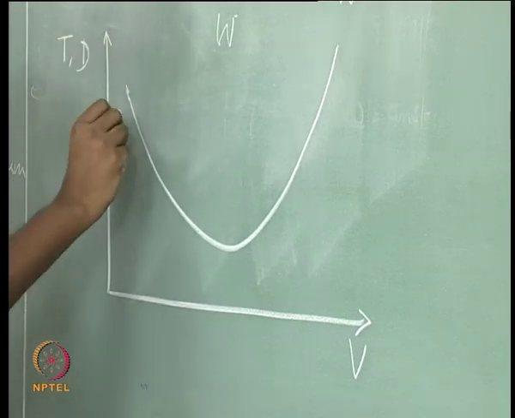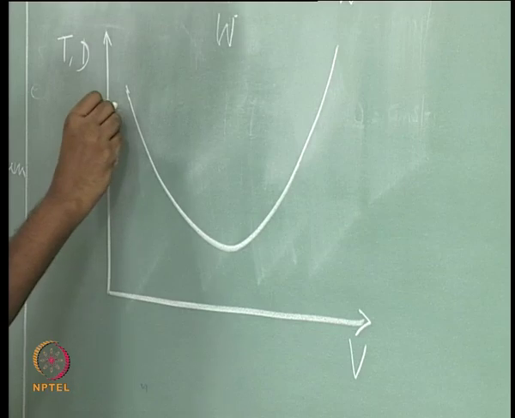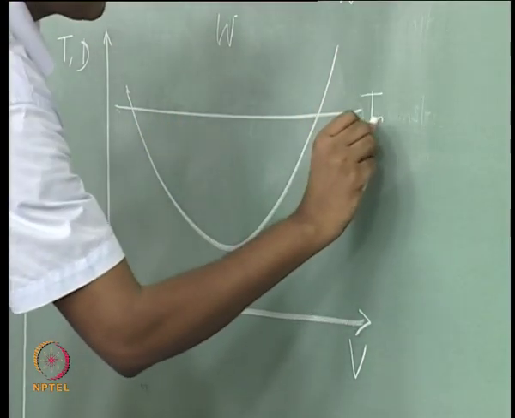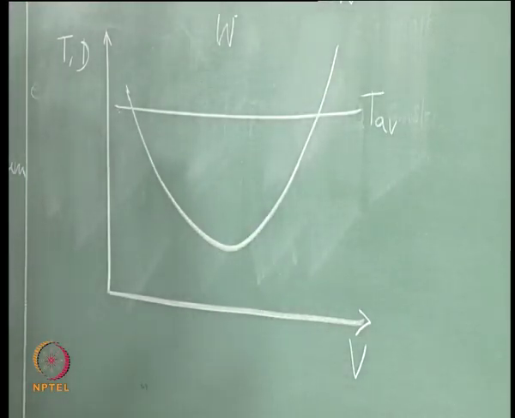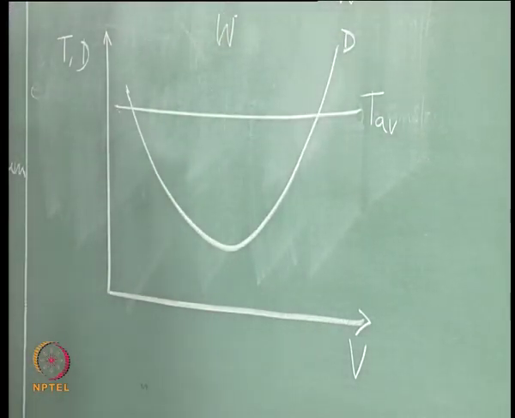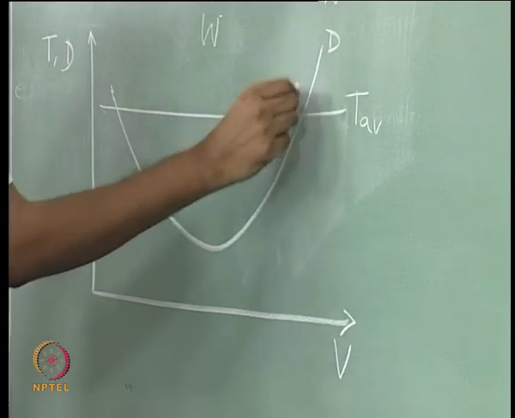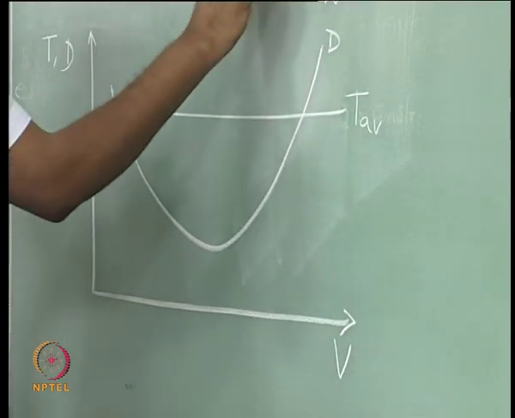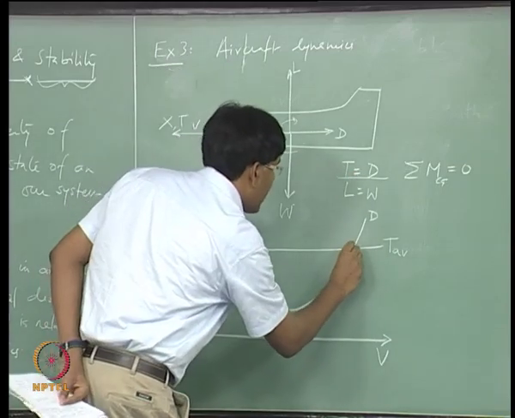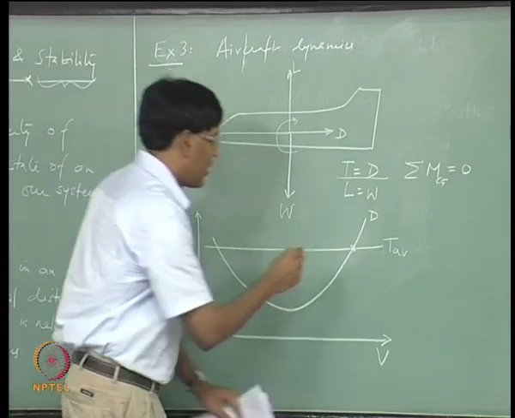Let us say we draw this for a jet engine. So, thrust is almost constant with respect to the velocity. So, this is my thrust available, and this is drag. Where these two curves meet, we are satisfying the thrust equal to drag condition, and that intersecting point is our equilibrium state.